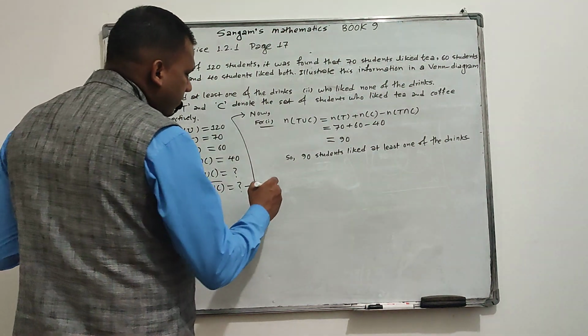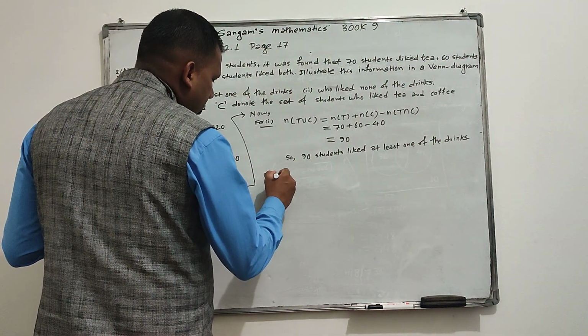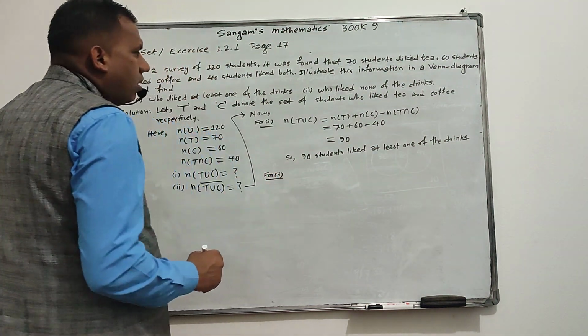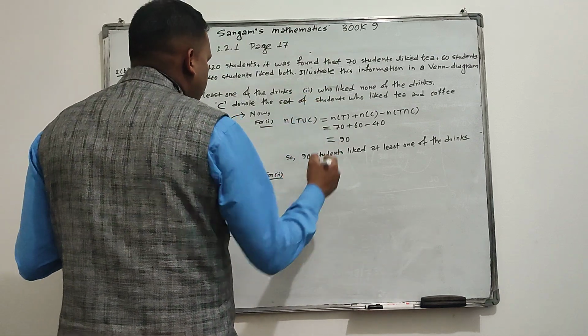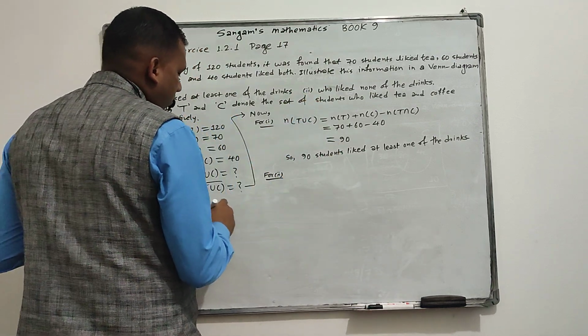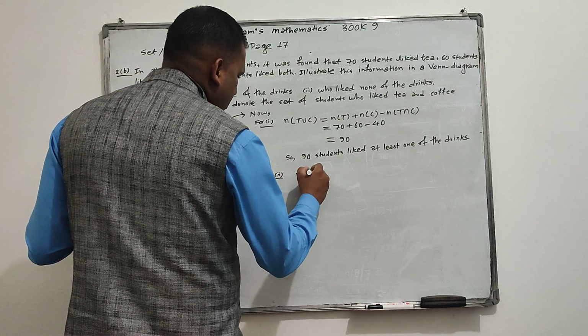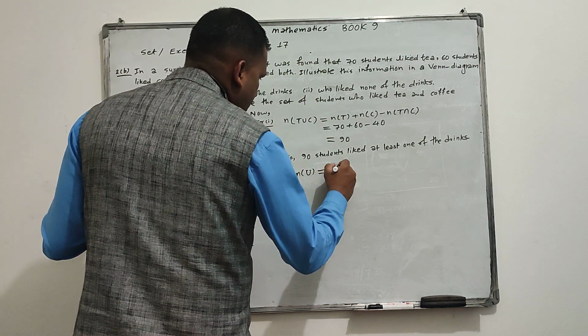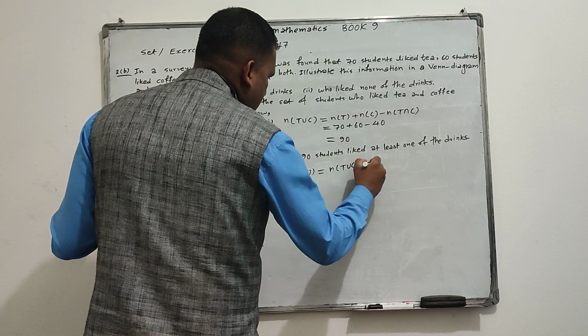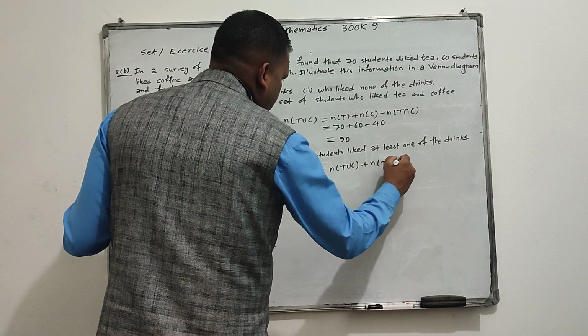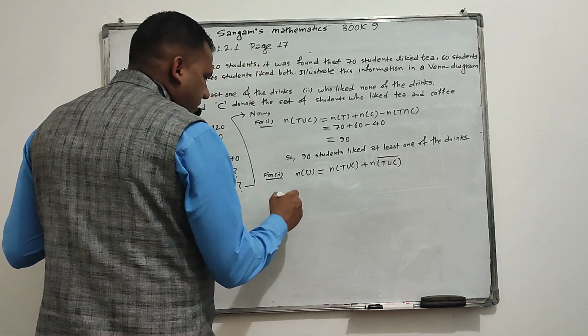Now for 2, those who like none of the drinks, that means n((T ∪ C)'). n(U) = n(T ∪ C) + n((T ∪ C)').